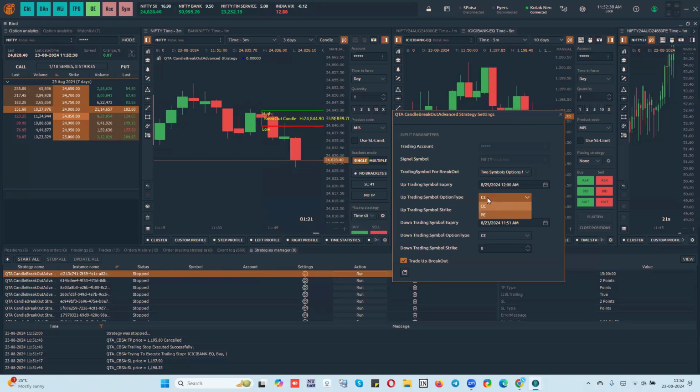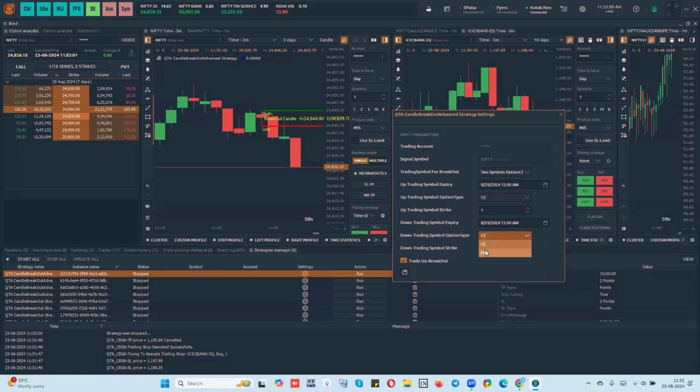For the call option, I will buy the call option on a breakout of upside with one quantity. Sorry, at the money strike, or maybe let's say one strike out of the money. Let's look at that example as well. Again, select the strike and expiry date. I can select a next expiry or a monthly expiry as well, so there is no restriction.